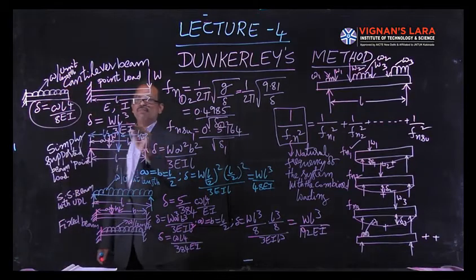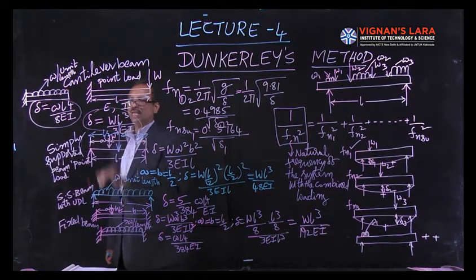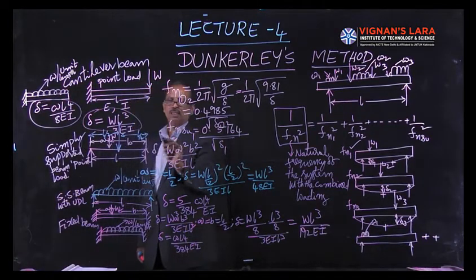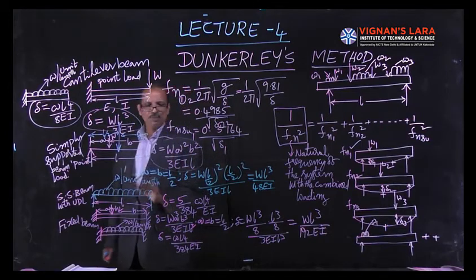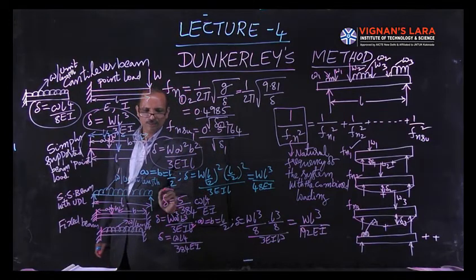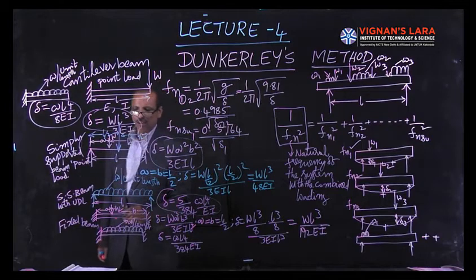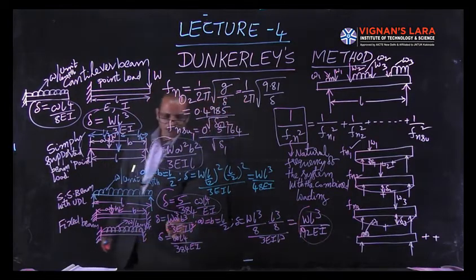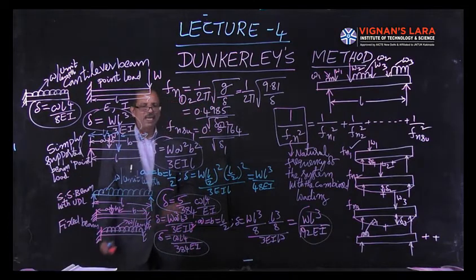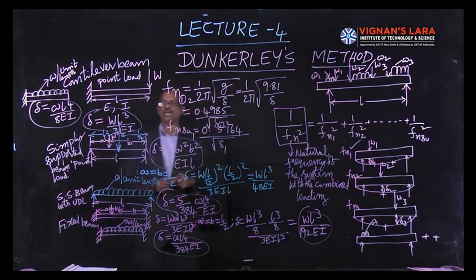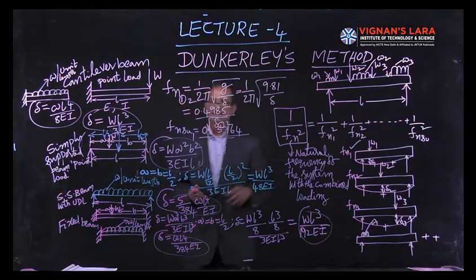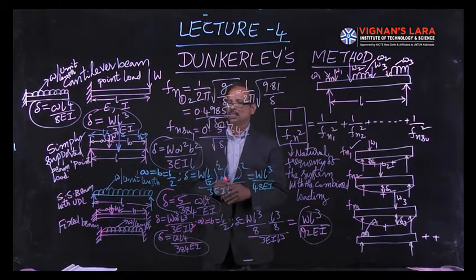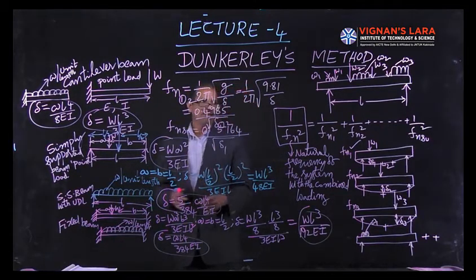So cantilever with point load, cantilever with UDL, like simply supported with point load and simply supported with UDL, then fixed beam with point load and fixed beam with UDL. Like this, the delta values can be obtained for various cases. For the given problem, you first identify the delta values.